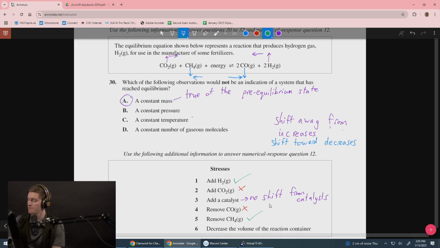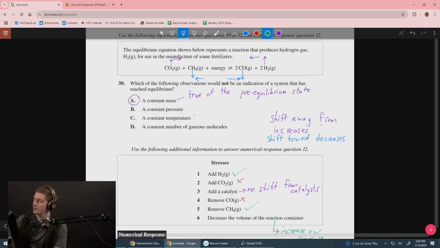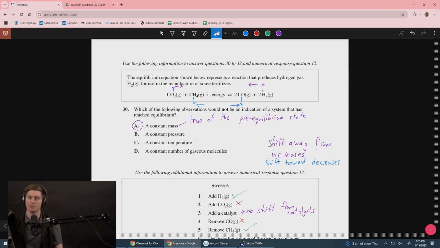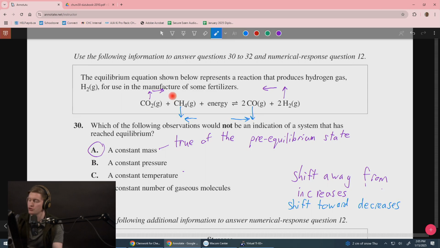Decrease the volume of the reaction container. If you decrease the volume of the reaction container, we will increase our pressure. Just like they have energy in here as a reactant, because that can help us with identifying which way we're going to shift with a temperature increase or decrease, we could put pressure into this equation on the side that has more moles of gas. There are 2 moles of gas on our reactant side, but there's 4 moles of gas on our product side.